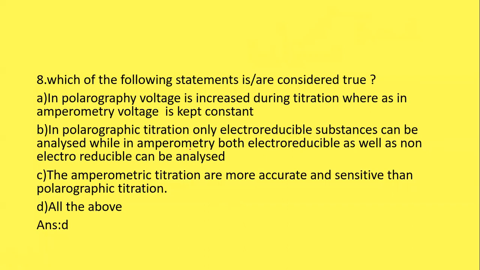For example, by amperometry using Karl Fischer reagent, we are able to analyze non-electroreducible substances. Next, amperometric titrations are more accurate and sensitive than polarographic titration. So all these statements are correct.